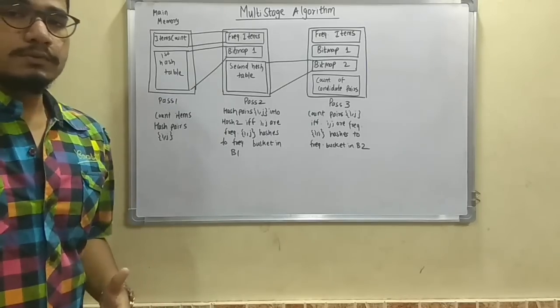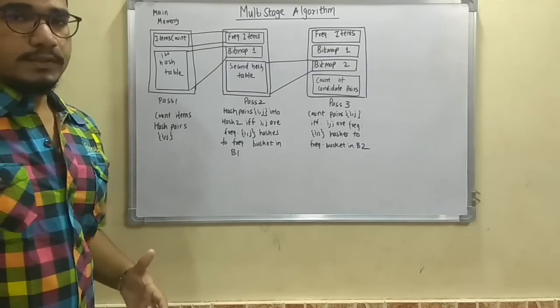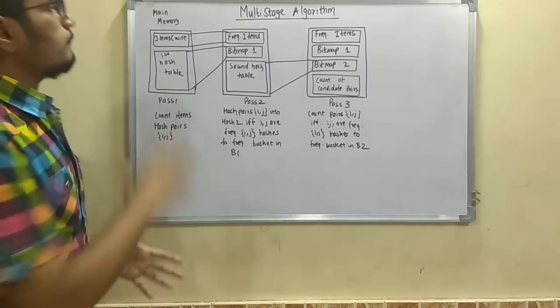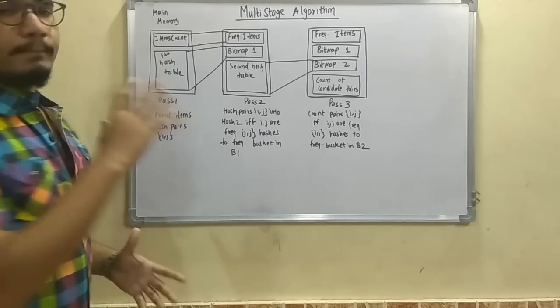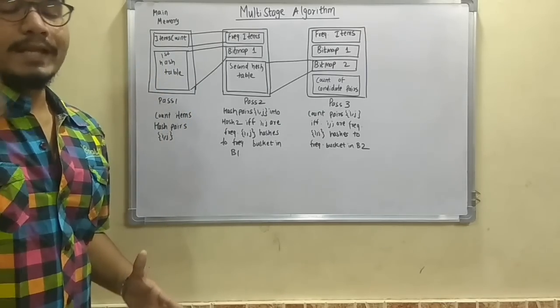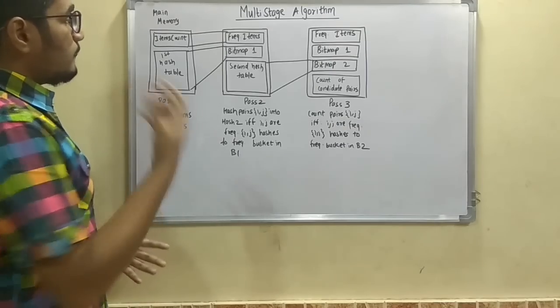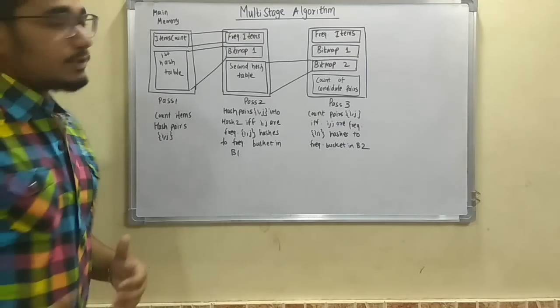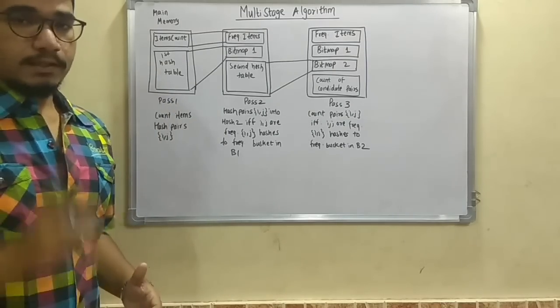Now we introduce pass 2, which is basically a filter in the multi-stage algorithm. We map the item counts to the frequent items which have been encountered so far, and map the very first hash table to a bitmap vector, bitmap 1.